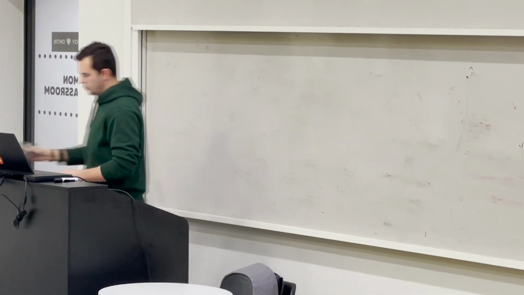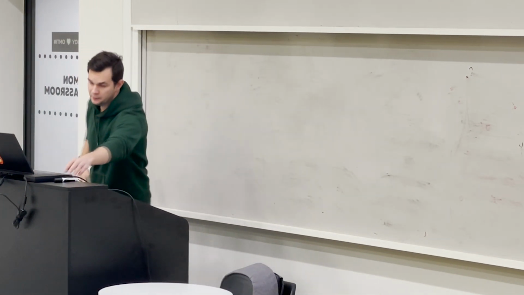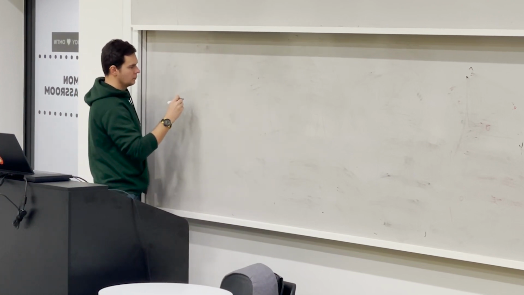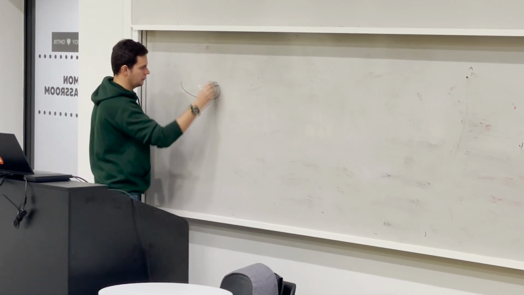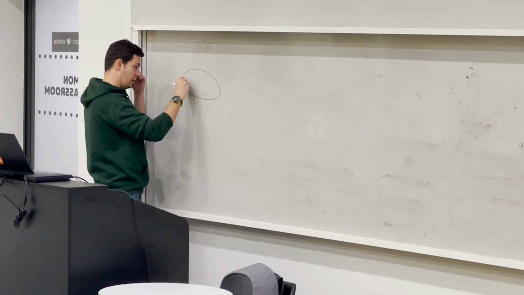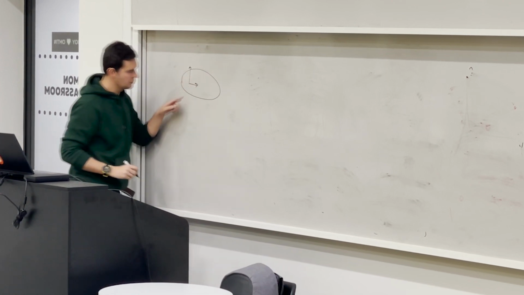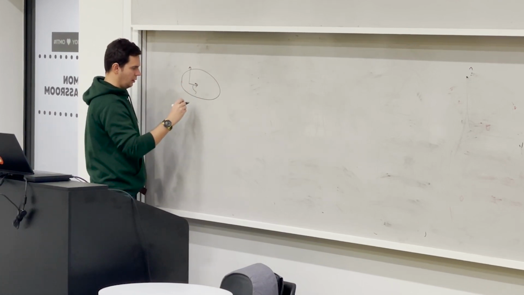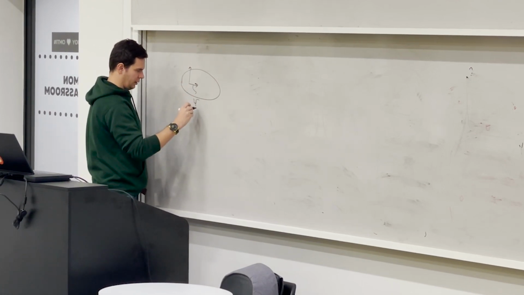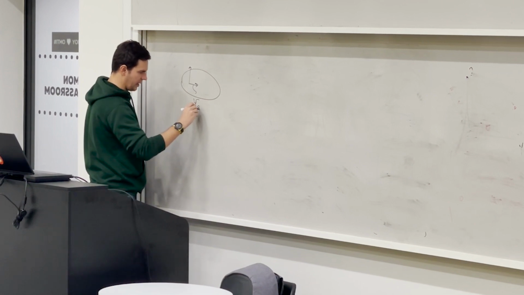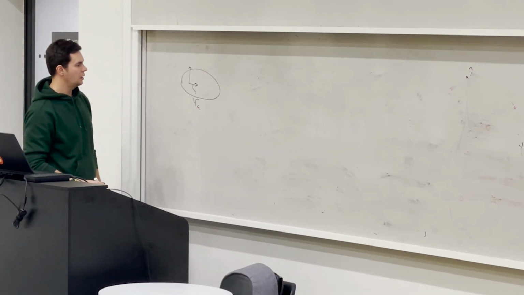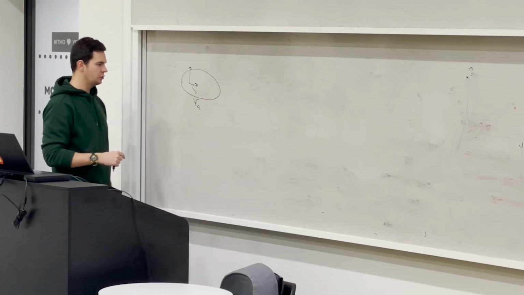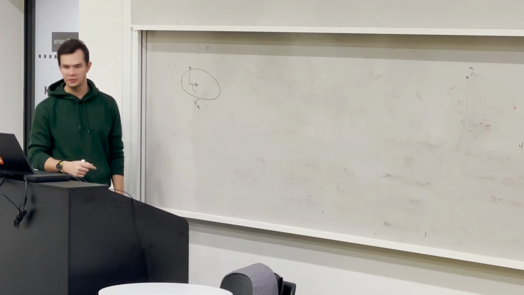So let's assume that we have a body with a frame, let's call it frame A. And we want to go to another position, another orientation.